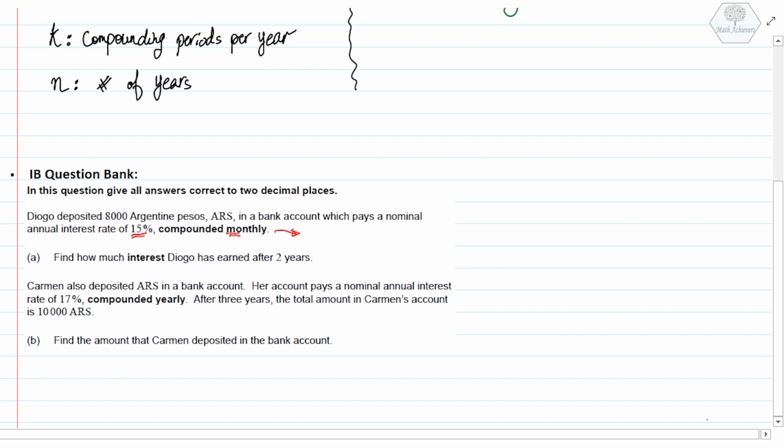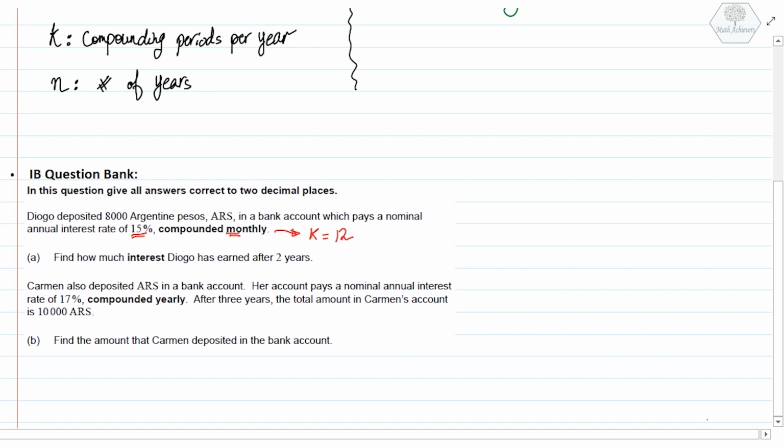Compounded monthly means that K is equal to 12. Part A. Find how much interest Diego has earned after 2 years.